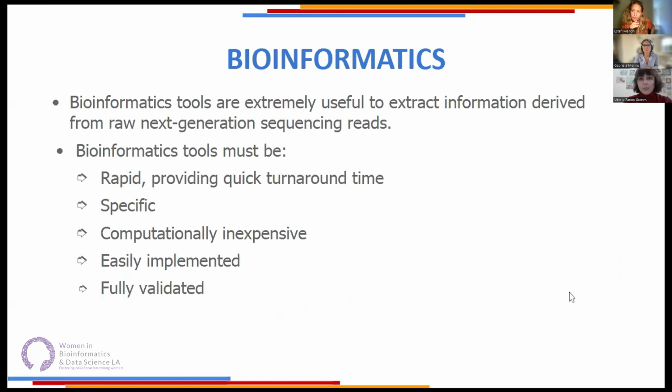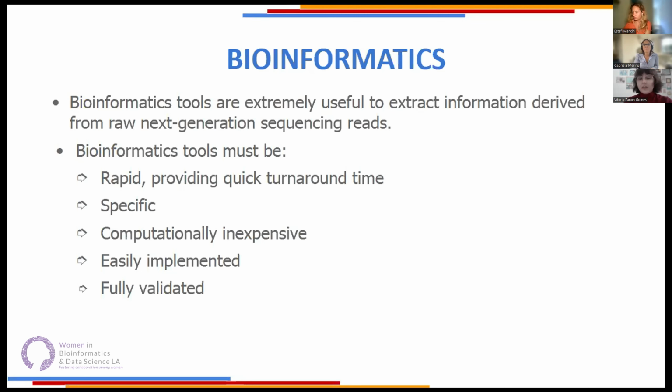Well, bioinformatics tools are great allies for the information extraction problem, and they receive raw next generation sequencing reads as input and provide us all types of analysis, speeding up the extraction process. Bioinformatics tools must be at least rapid, providing quite quick turnaround time.